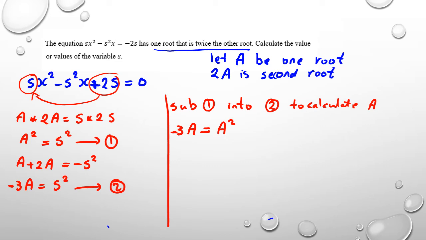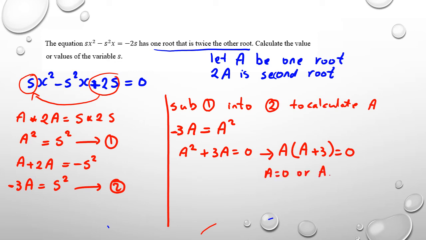That's what substitution gives me. Then I would rearrange, so I will have a squared plus 3a equals 0. Factorize, that's giving me a is a common factor. Left is a plus 3 equals 0. So solving, I got either a equals 0 or a equals negative 3.